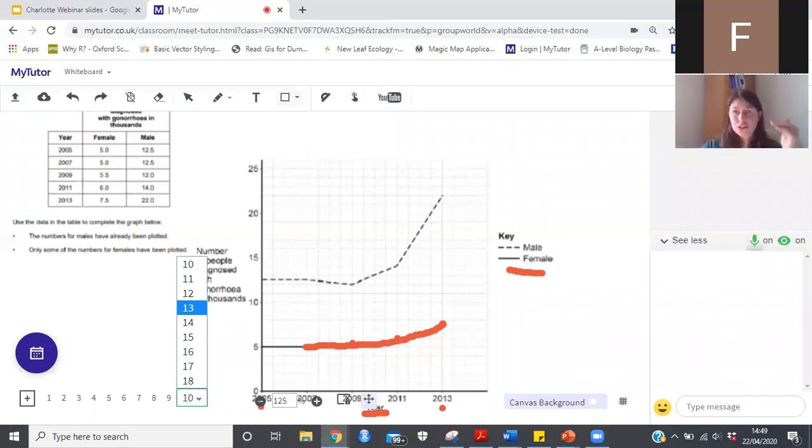And then they'll ask you to describe trends in the data, whether you think there might be a correlation. So is there an increase or a decrease? Usually lines of best fit are for continuous data rather than discrete data. So this is discrete data because we've got discrete points, discrete years. Usually lines of best fit are for continuous data when it's plotted on a graph.